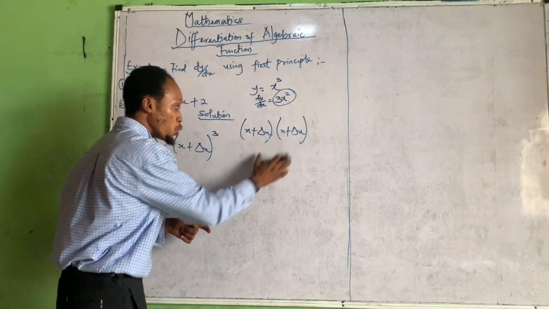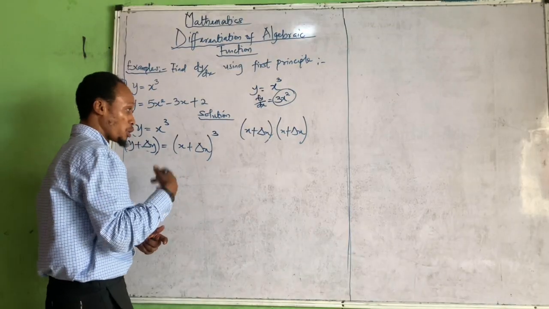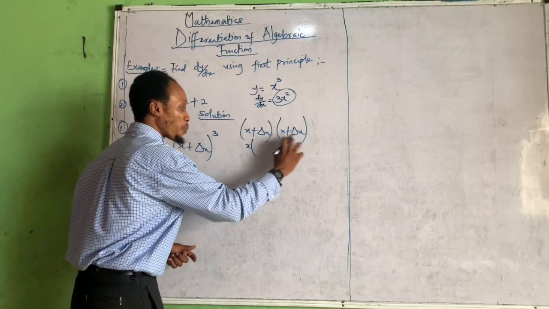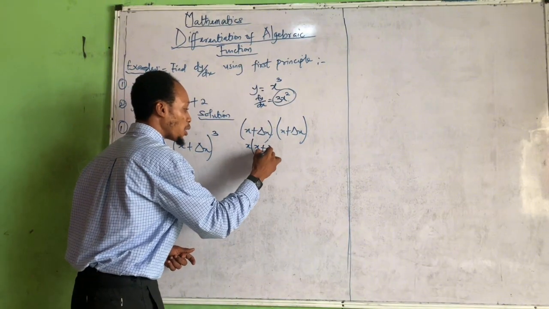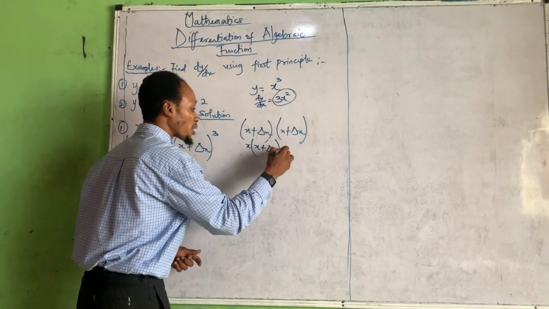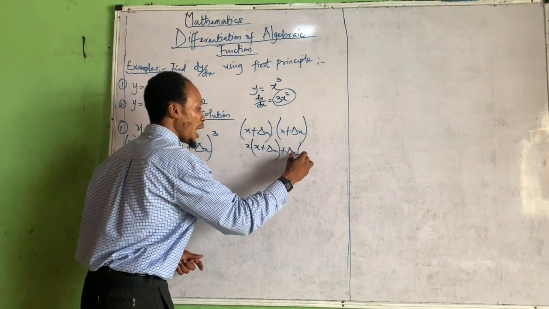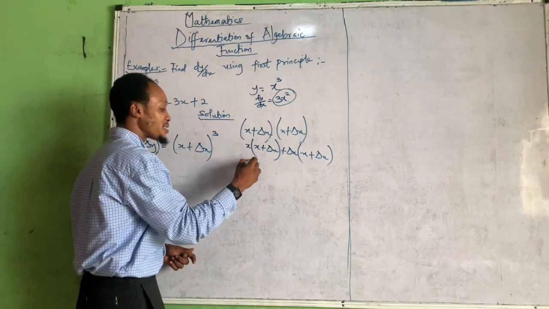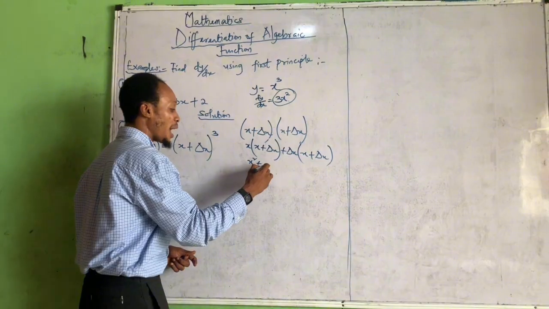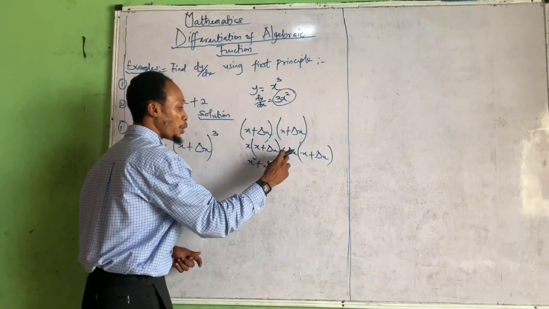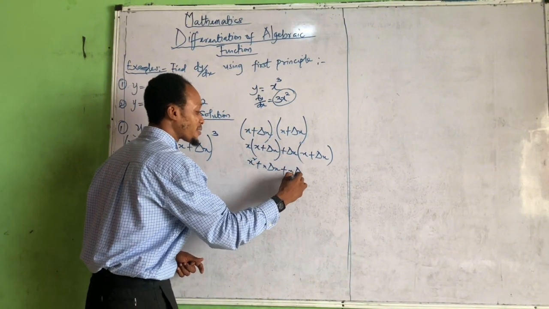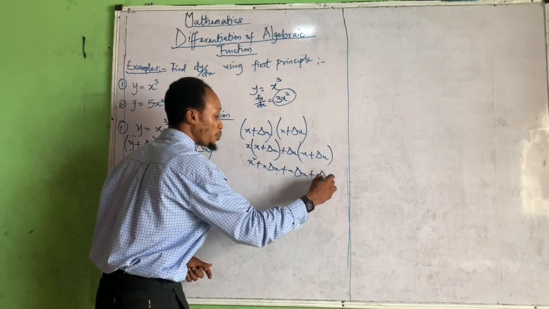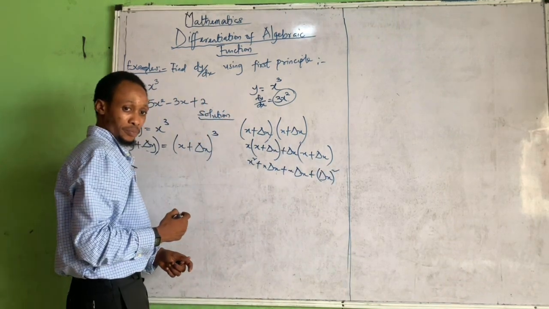So x multiplies everything here, x plus delta x. Then also plus delta x multiplying x plus delta x. So x times x is x squared, plus x times delta x, plus delta x times x, then delta x times delta x, that is delta x squared.